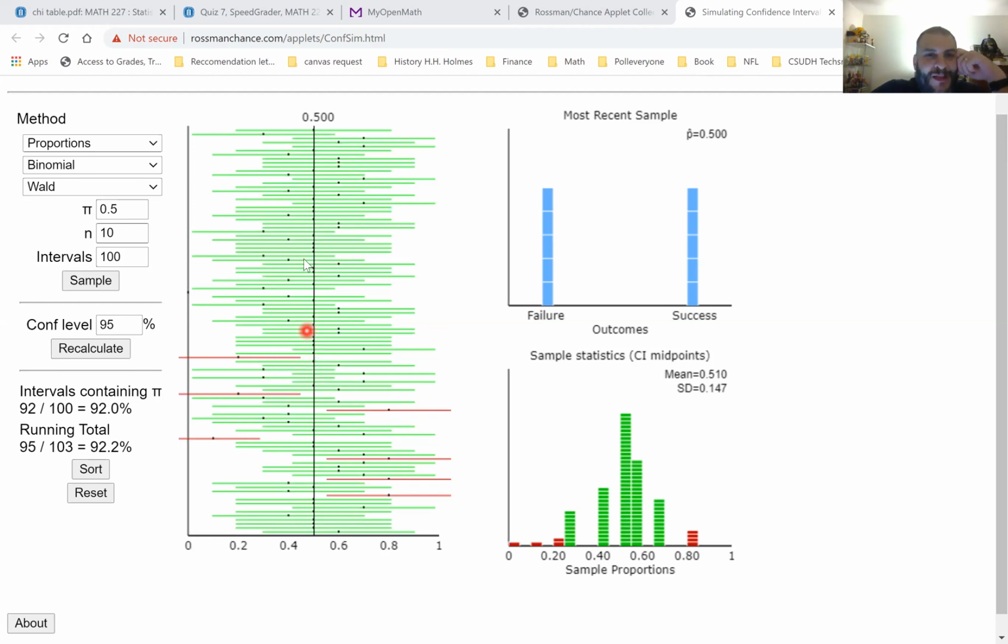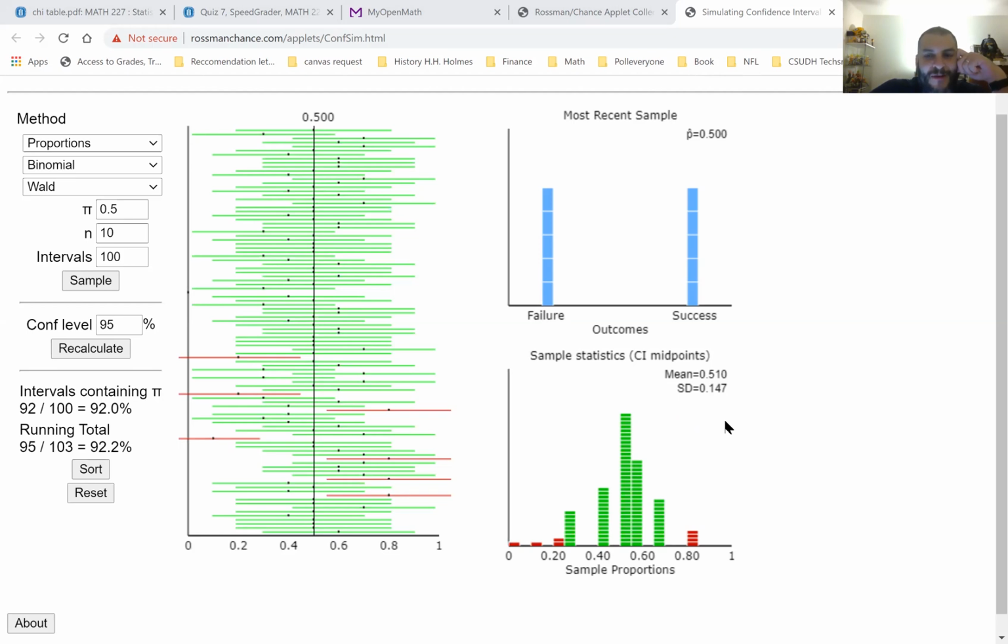Look at the green and look at the red. What do the red have in common compared to the green? Well, yes, we do have fewer red than green. But what do you notice about the red? What makes them red? Why did they choose these to be red versus choosing the other ones to be green?